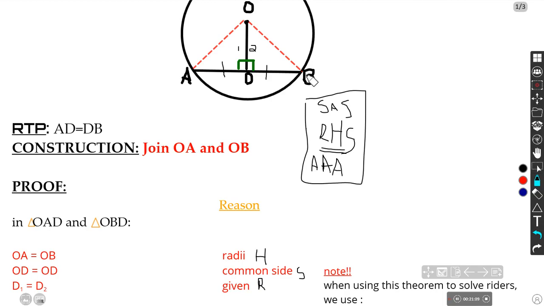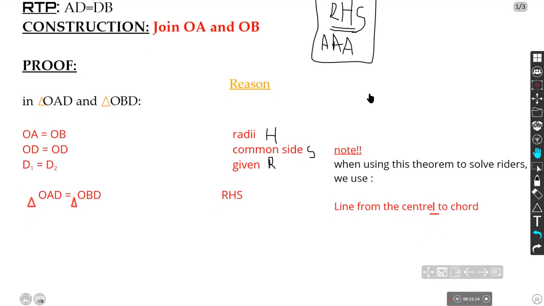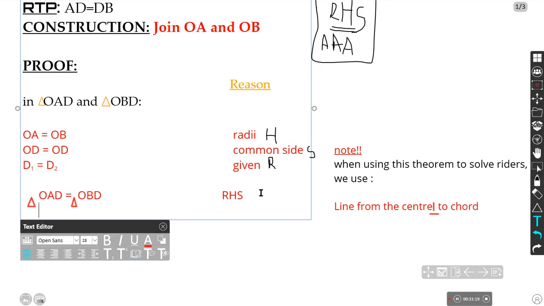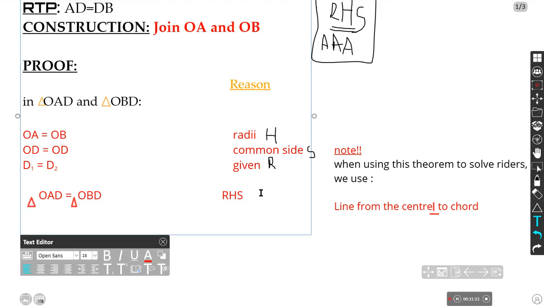So now we can say that surely AD is equal to DB. What is the reason? The reason is that triangle OAD is congruent to triangle OBD.